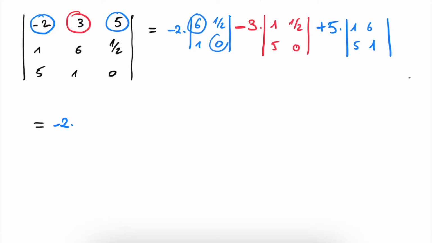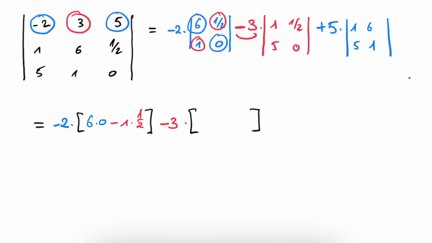So we get the multiplication of these two numbers minus the product of these two numbers, which becomes 6 times 0 minus 1 times 1/2. And we already calculated the first determinant, the first term in this 3 by 3 determinant. Minus 3, this term, times the determinant, which is 1 times 0 minus 5 times 1/2.